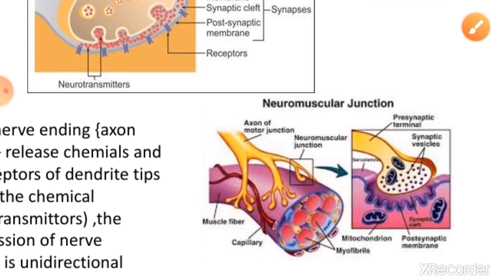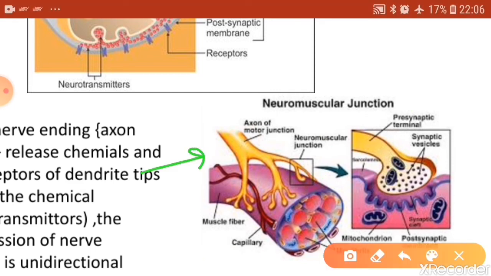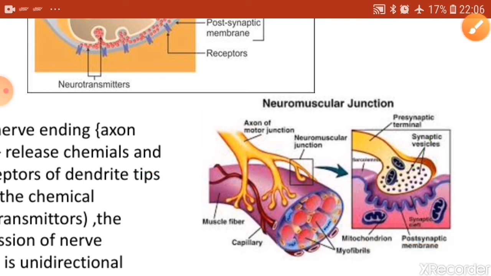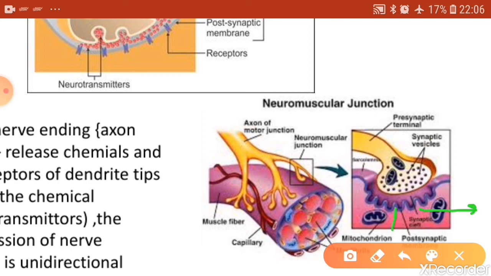So this diagram that you are seeing shows the neuromuscular junction, where you find that the synaptic knobs of the axon terminals are embedded in the membranes of the muscle fiber, and the membranes of the muscle fiber have the receptors.